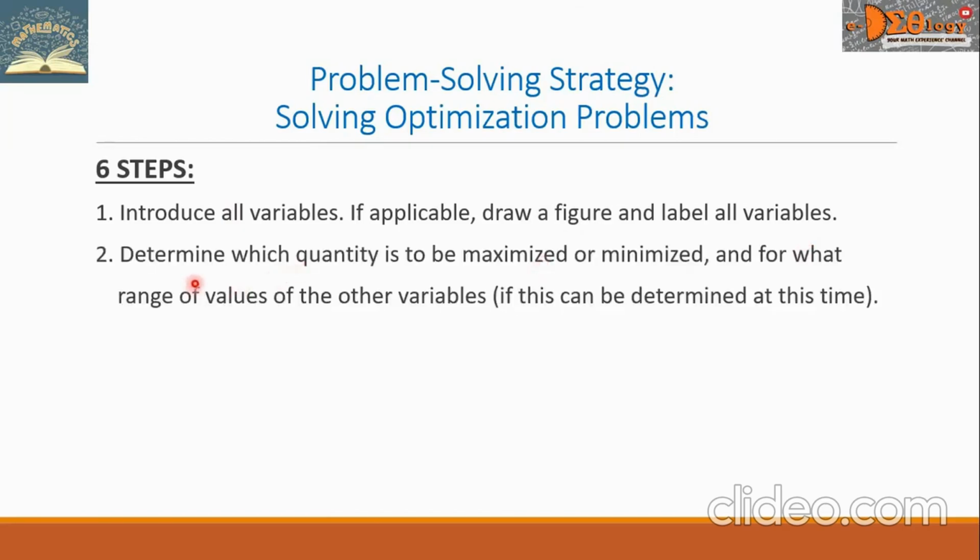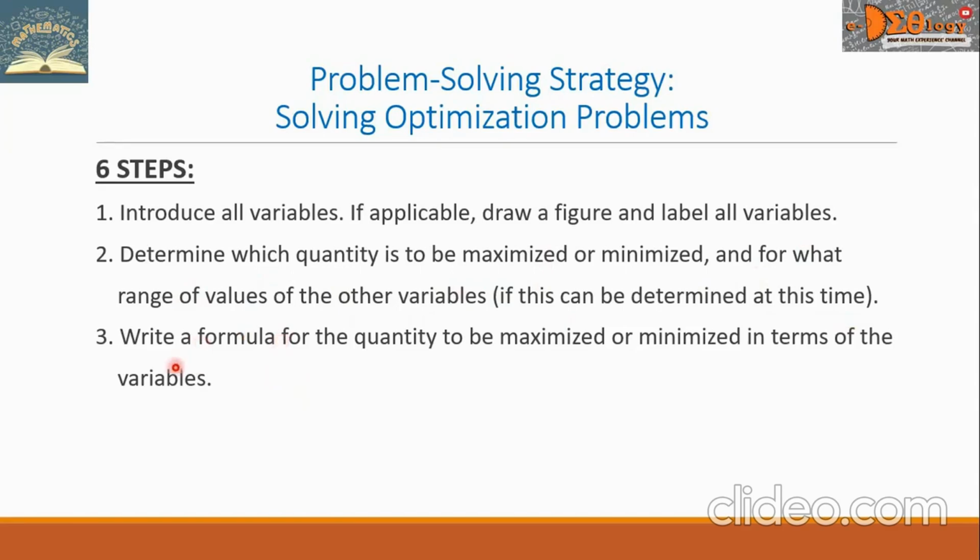Second, determine which quantity is to be maximized or minimized, and for what range of values of the other variables, if this can be determined at this time. Step 3. Write a formula for the quantity to be maximized or minimized in terms of the variables. This formula may involve more than one variable.